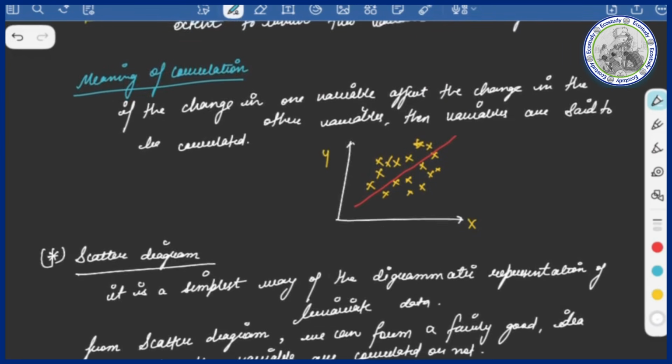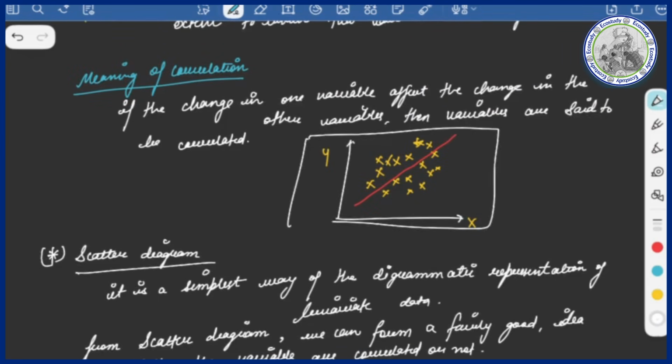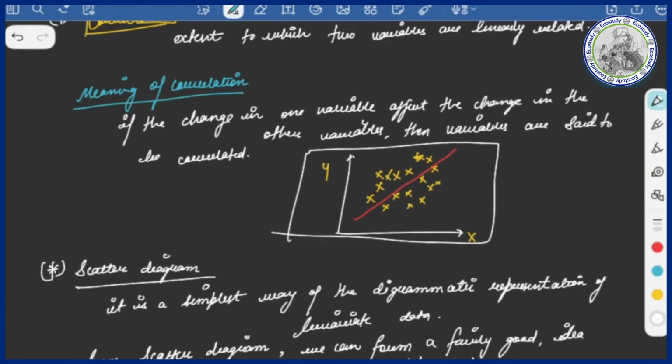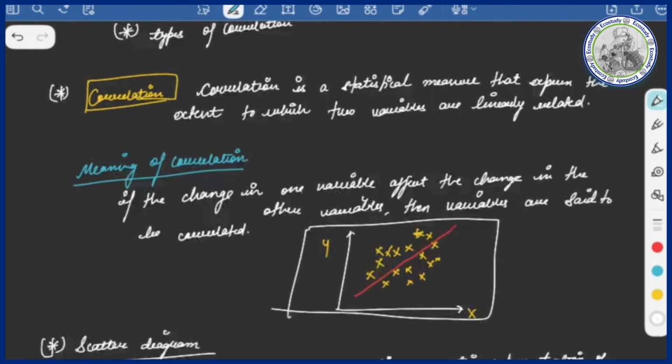This is the diagram which I have drawn here, known as the scatter diagram, and correlation just tells how they are linearly related. It gives a number, for example 0.95, meaning that 95% of the variables are linearly dependent. So I have written the definition of correlation.